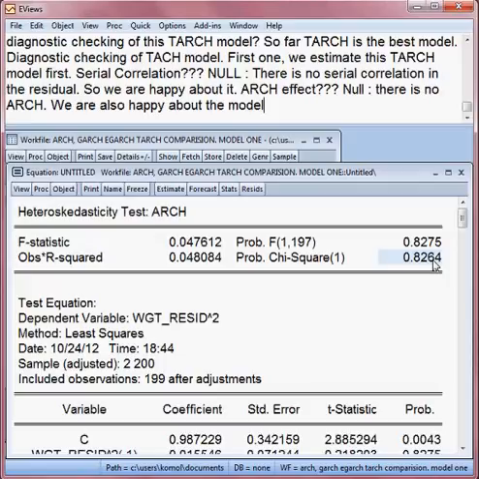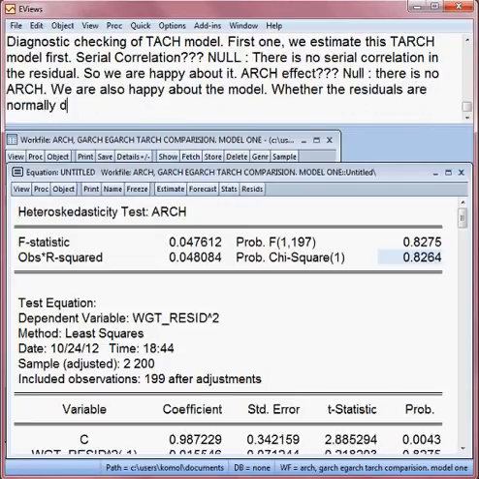Then finally, whether the residuals are normally distributed or not.